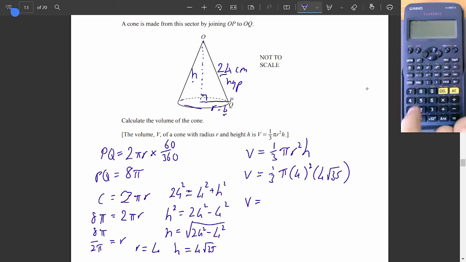So put it into our calculator exactly like it's there. 1/3 by 4 squared, bracket, 4 square root 35, close the bracket. And I've got a syntax error. Let's try again.